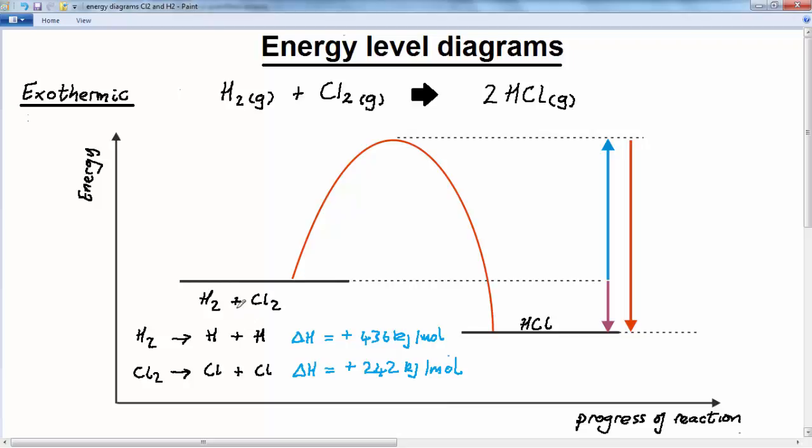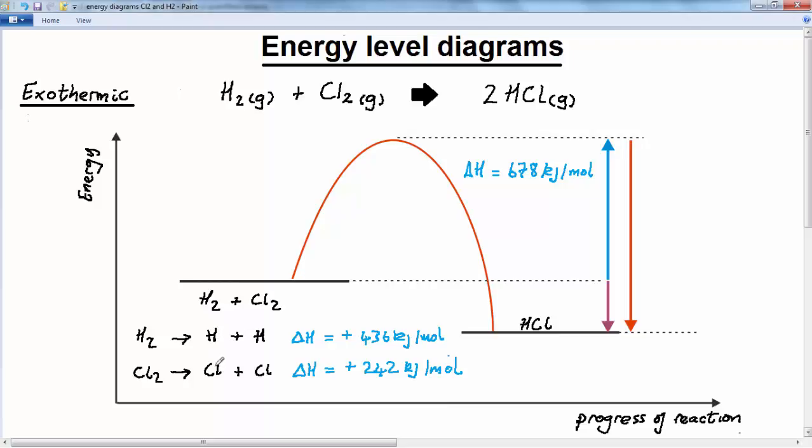Energy is absorbed in order to break the bonds, and the total energy absorbed in breaking the hydrogen and chlorine molecules is the sum of these two figures, which is represented by the up blue arrow here, and so we can write that the change in enthalpy in the bond breaking process is equal to 678 kilojoules per mole.